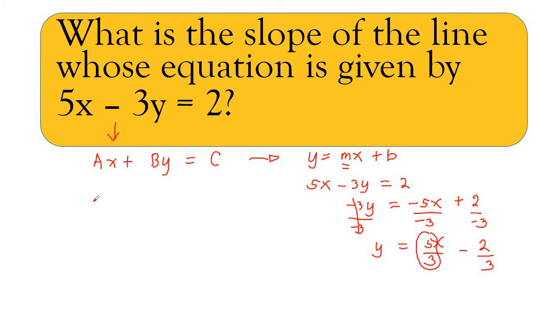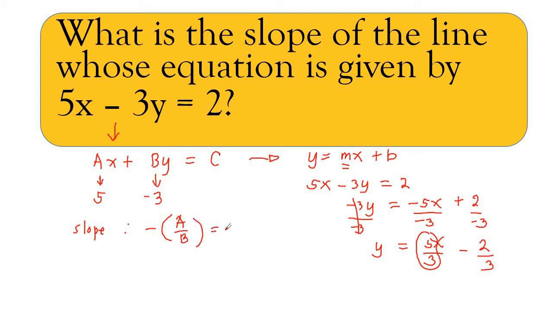Here's another way of finding the slope of the line, the fastest way to find the slope of the line. You're just going to find the value of a and b in the given equation. So here, our value of a is 5, and the value of b is negative 3. To find the slope of the line using the values of a and b, you're just going to substitute that to negative times the value of a over b.